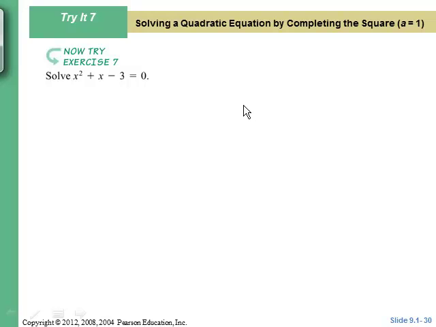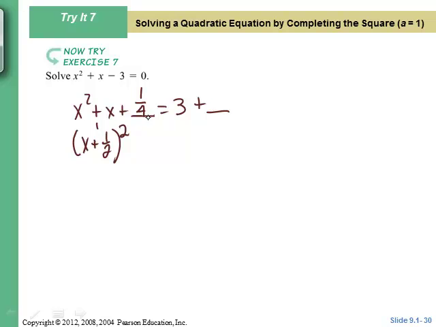You try this one. Okay, step 1, x squared plus x plus blank equals 3 plus blank. X, bring down the sign, plus half of 1 is 1/2 squared, makes this 1/4.